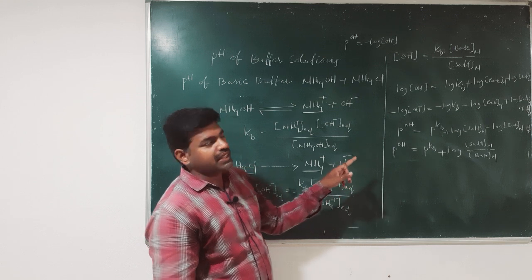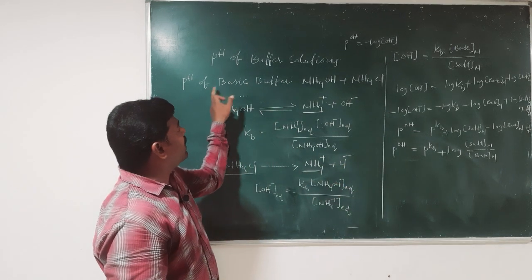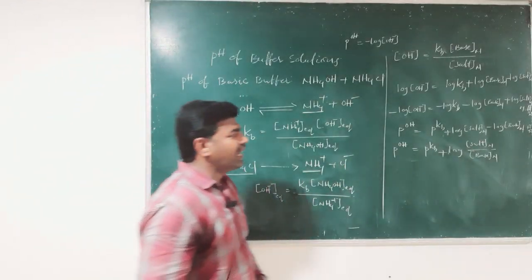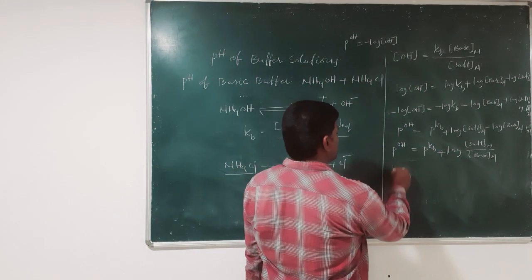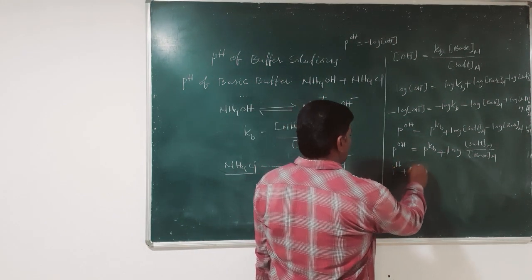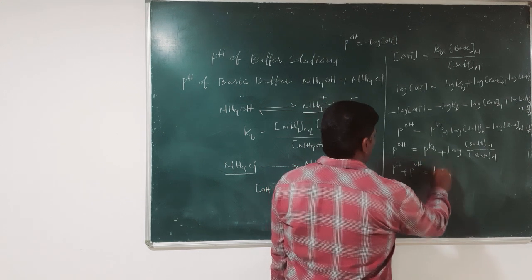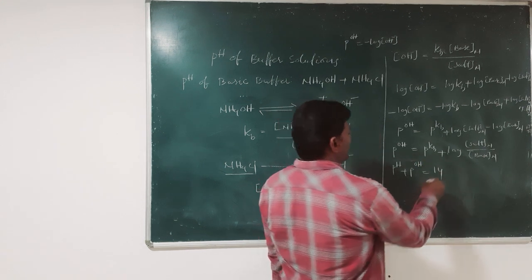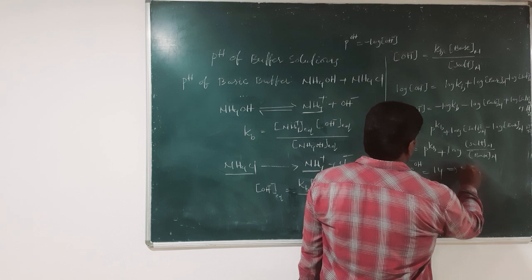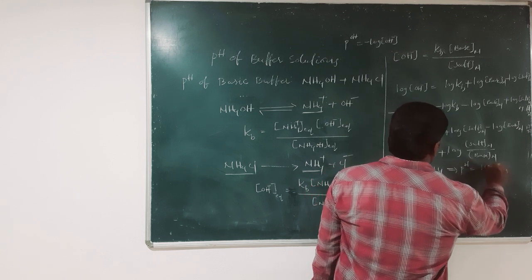But our objective is to calculate the pH for a basic buffer. We can calculate the pH from pOH, that is, pH plus pOH is equal to 14. So from this, pH is equal to 14 minus pOH.